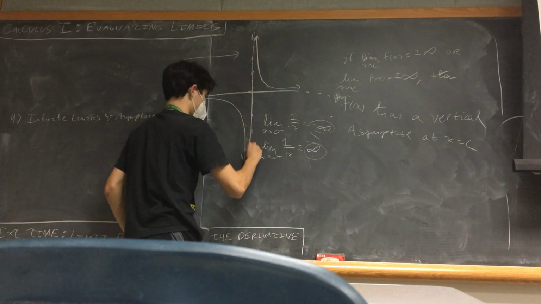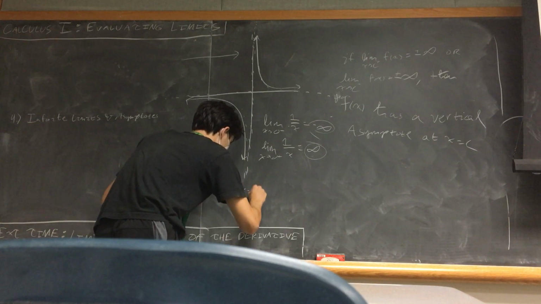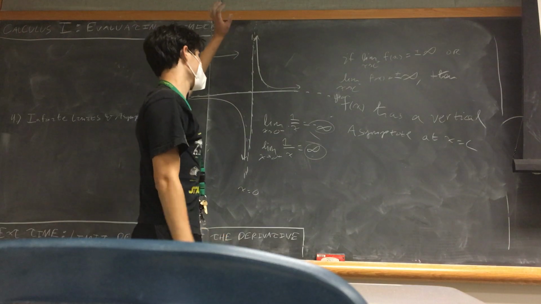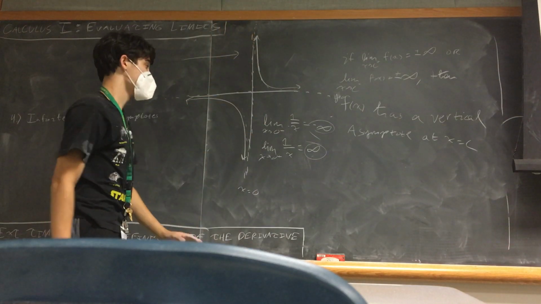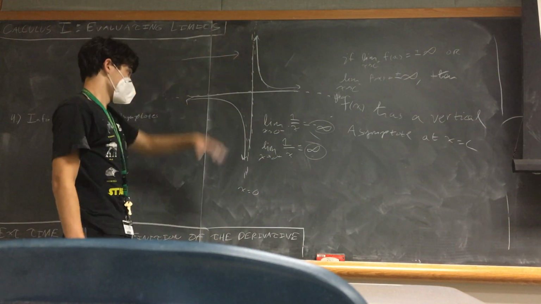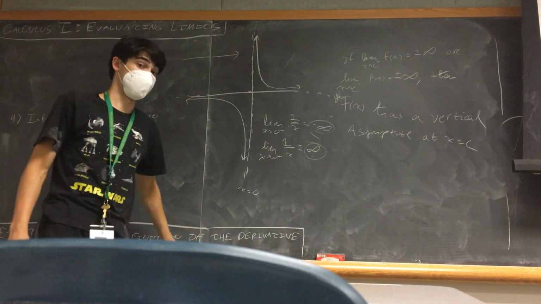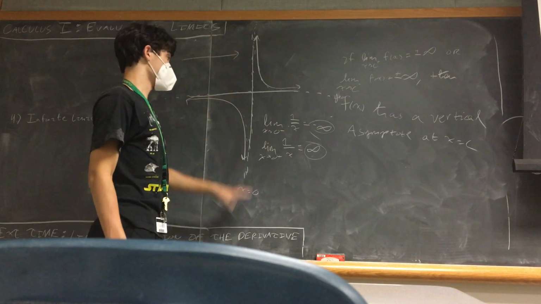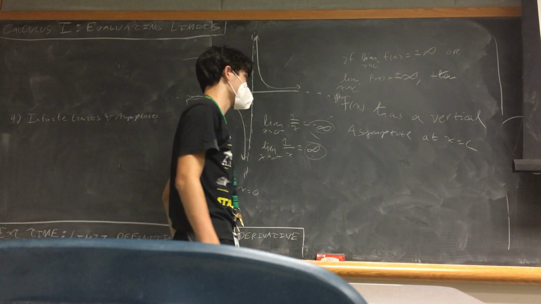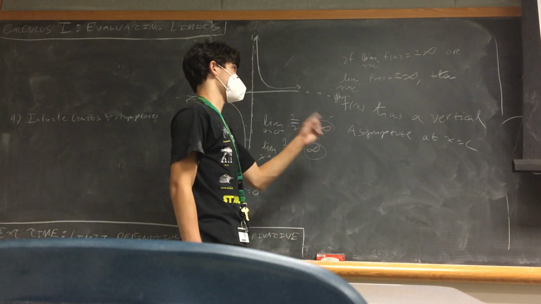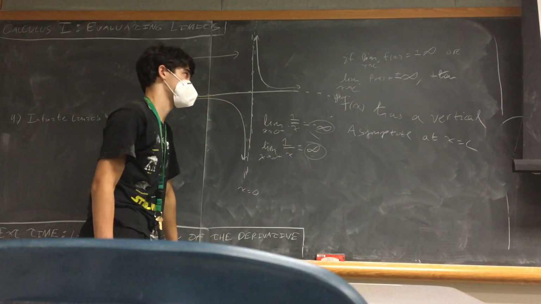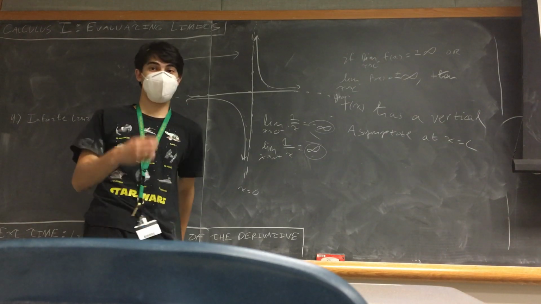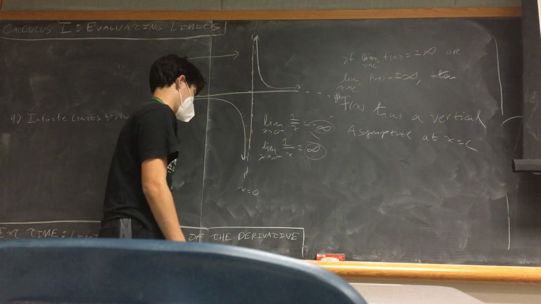So we say that this function has a vertical asymptote at x equals 0. The horizontal asymptote I will get into in a different video, but the function has a vertical asymptote at x equals c if the limit as x approaches c from the left, or from the right, of f of x is positive or negative infinity.